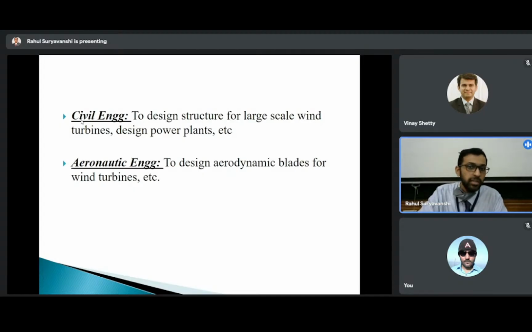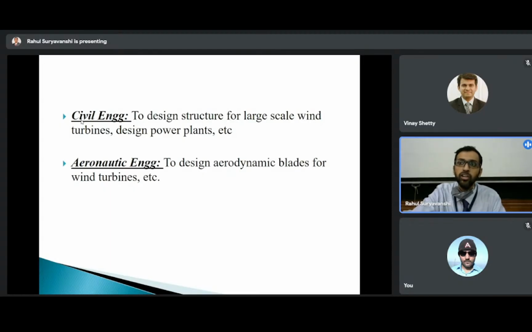The next is aeronautic engineering. How is aeronautic engineering important now? The most important thing is, as I told you, nowadays wind turbines are coming up with innovative blade designs. There are vertical axis wind turbines, there are horizontal axis wind turbines, and a lot of things are coming. In order to extract the maximum amount of energy from the wind and to rotate the turbine, the design of a wind blade plays a very vital role.